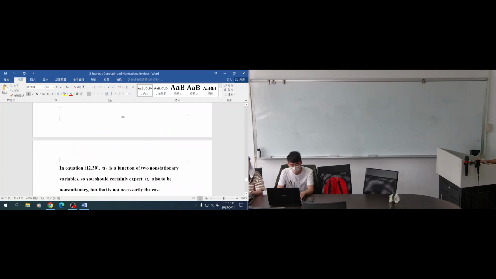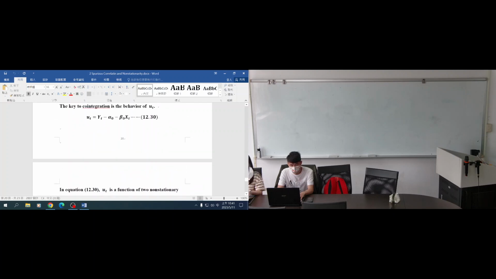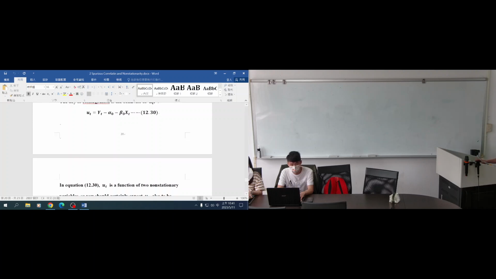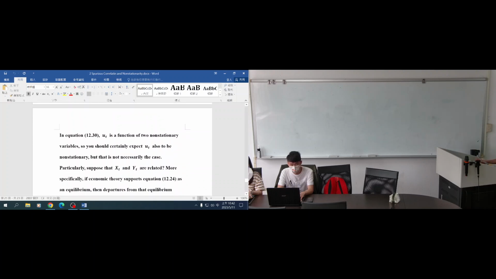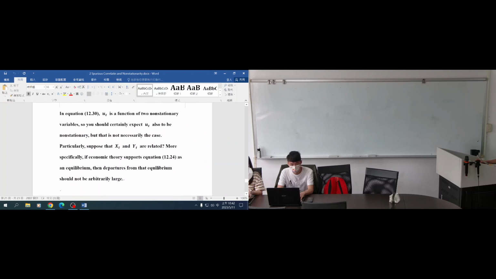In the equation, ut is a function of two non-stationary variables, so we would certainly expect ut to also be non-stationary, but that is not necessarily the case. Particularly, suppose that xt and yt are related.